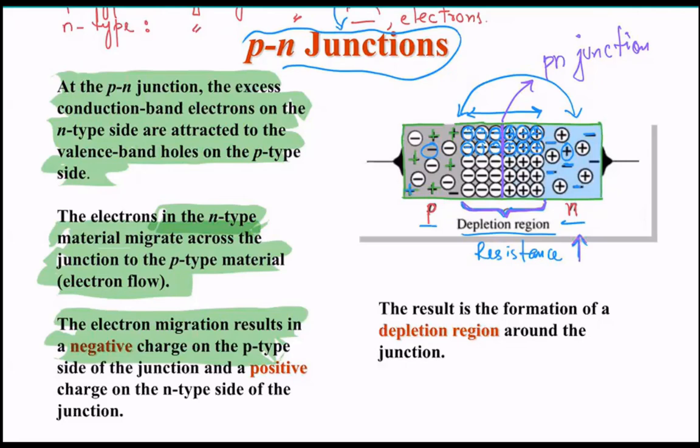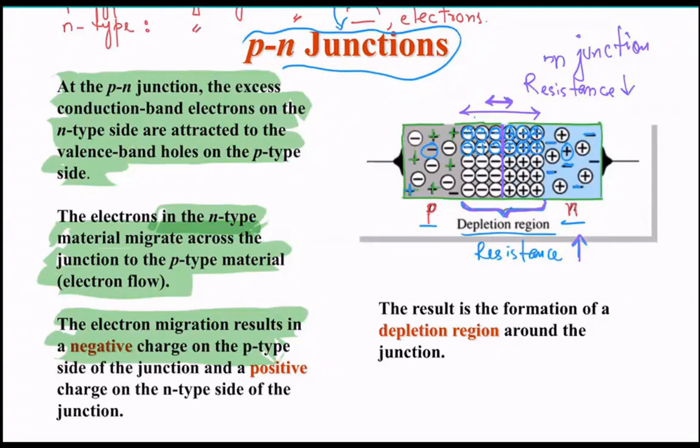When this depletion region decreases, say right now the depletion region is this big. If I change it to something like this, what would happen to the resistance? Will it go up or will it go down? Depletion region is acting as a kind of resistance for us over here. So if the depletion region becomes smaller, like I'm saying here, the resistance is going to go down.